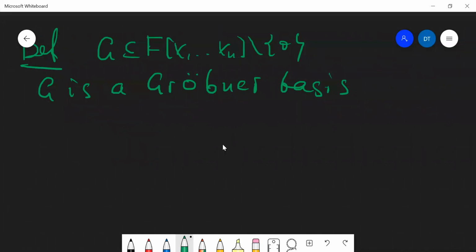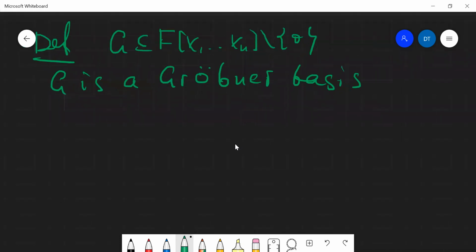Actually, Gröbner didn't invent Gröbner bases. His student Buchberger invented them, and he named them after the name of his teacher. So that's how it happened.